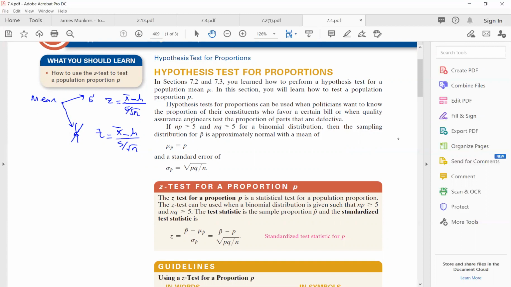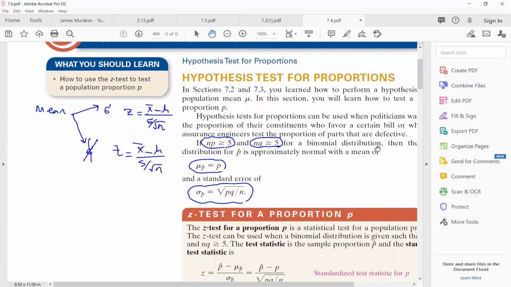If n times p is greater than or equal to 5 and n times q is greater than or equal to 5 for a binomial distribution, then the sampling distribution for p hat is approximately normal, with the mean of p hat equal to p, and standard error sigma sub p hat equal to square root of pq divided by n.